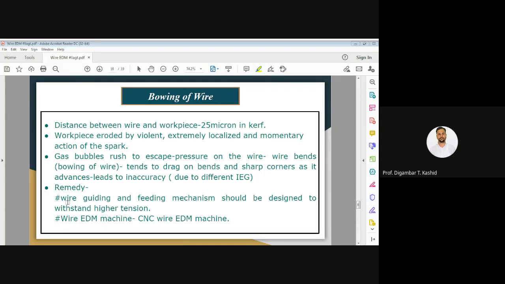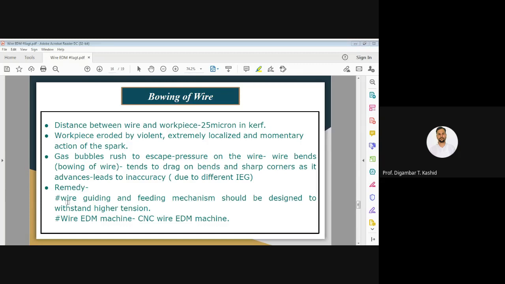Because of this pressure from the gas bubbles on your wire, the wire bends and bowing of wire happens, and it tends to drag the wire on bends and sharp corners. It is a disadvantage, and it leads to inaccuracy due to different interelectrode gaps. The remedy is that your wire guiding system should be strong enough.